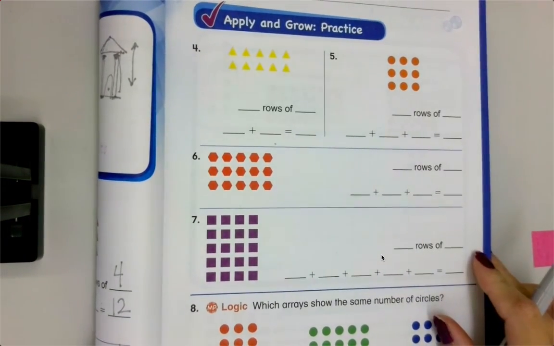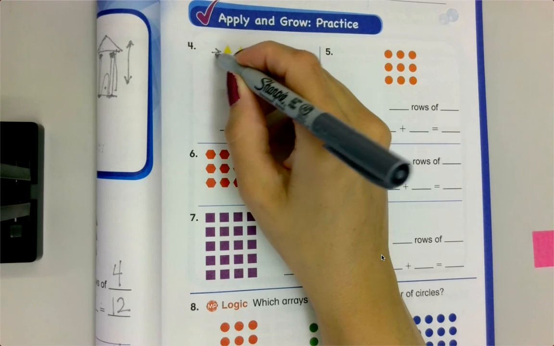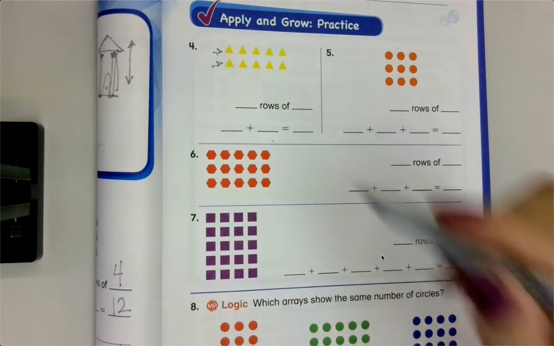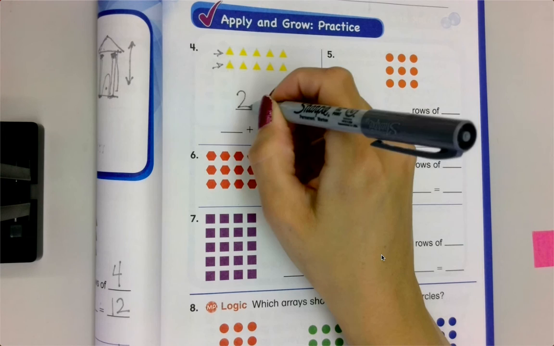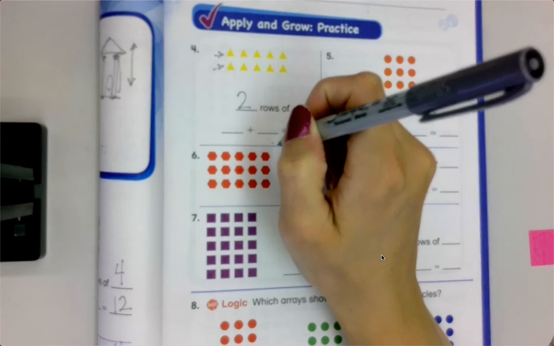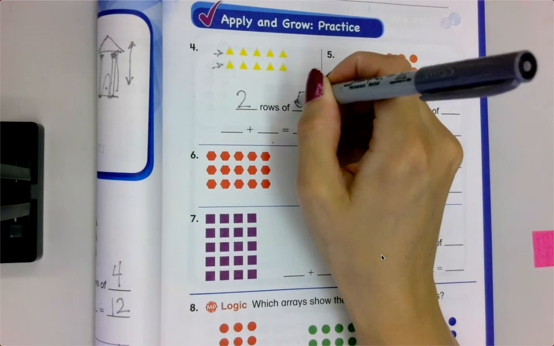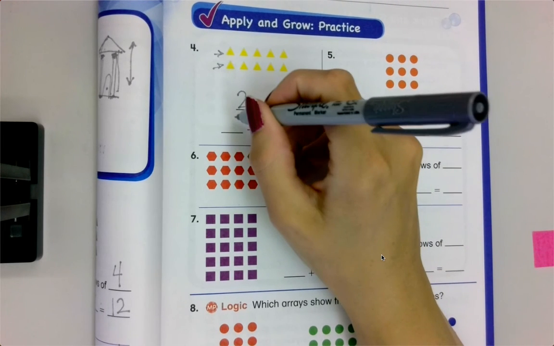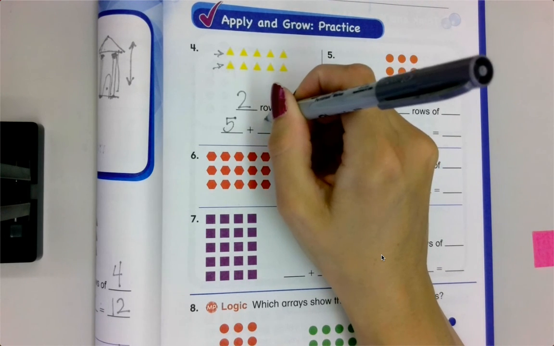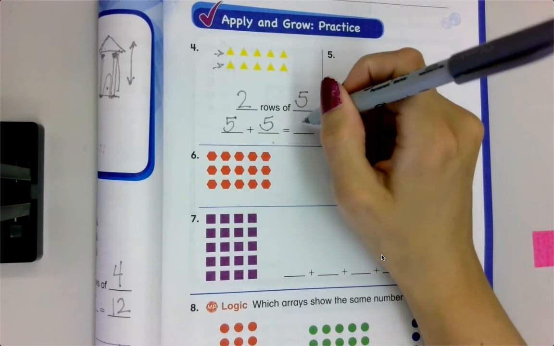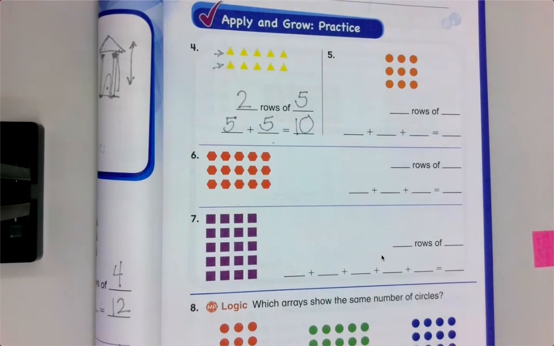All right, again, they don't tell us the rows, but we know rows go side to side. All right, so we know that there are 2 rows and there are 5. So our addition equation is 5 plus 5 equals 10. All right, I'm going to go ahead and do 5, 6, and 7 without talking. So you work on them, and then you can look up to see if you're doing them right.